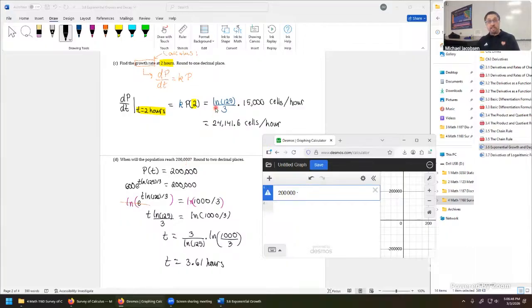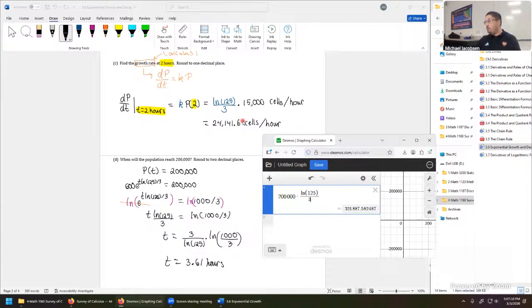Multiply by the relative growth rate again, natural log 125 divided by 3. So it's telling us at the 3.61 hour mark, the population size is growing at a rate of 321,887.6 cells per hour. Completely and massively different, but that's just because it's growing exponentially.